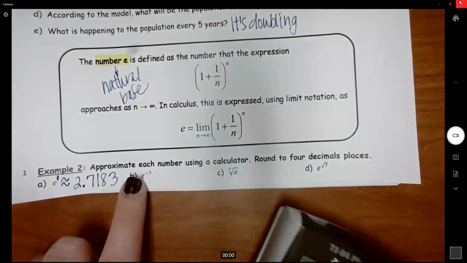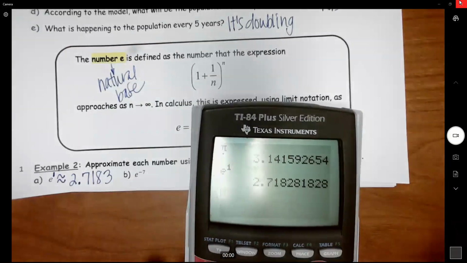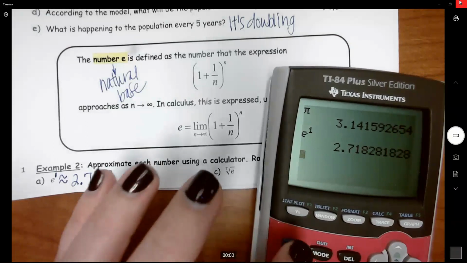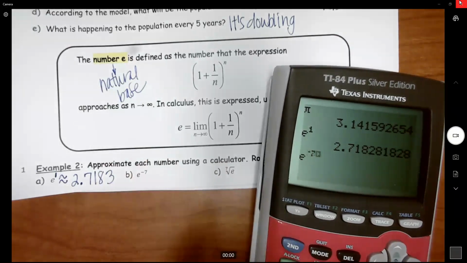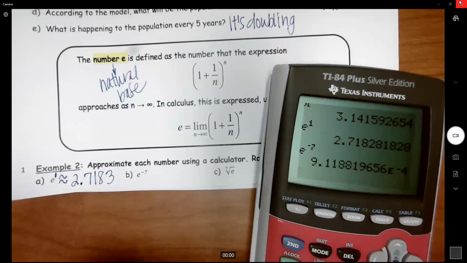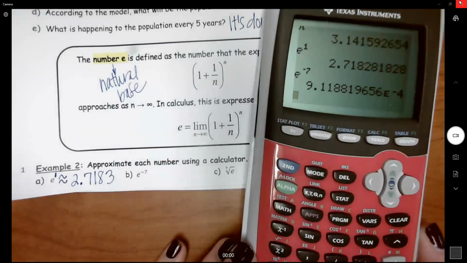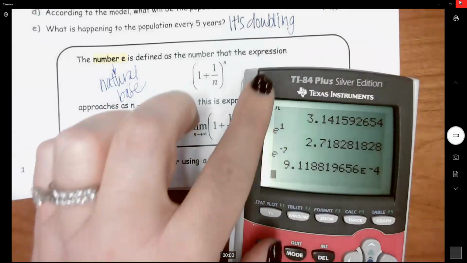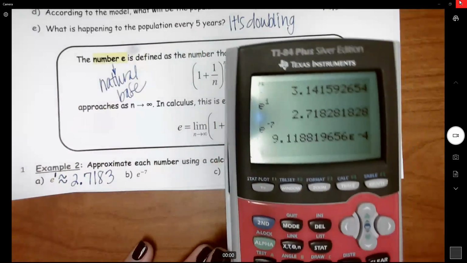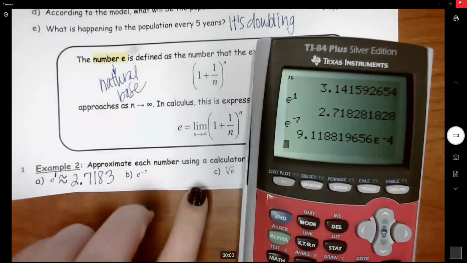And then this is just calculator work. Here we have e to the -7. We'll get the 7th root of e. For this calculator, you will need to put in the index first.